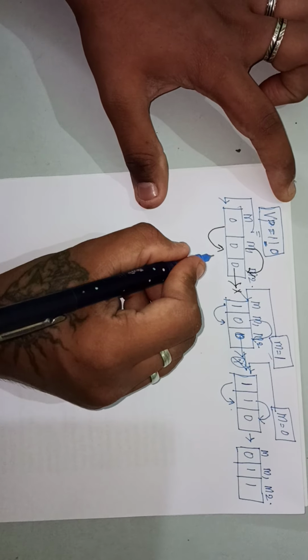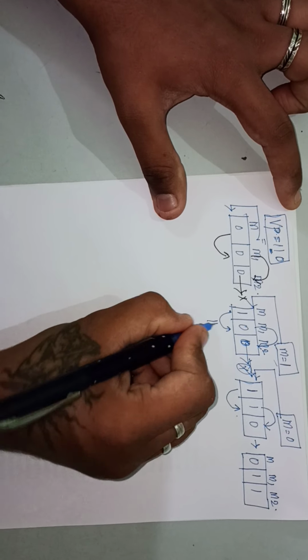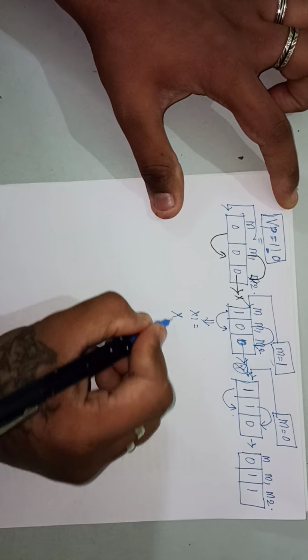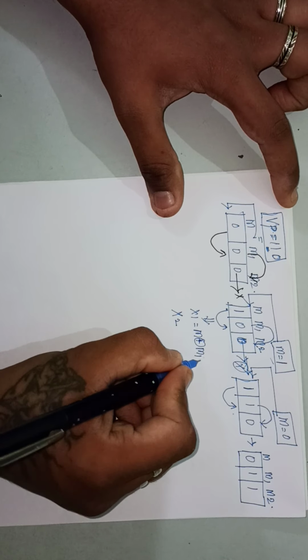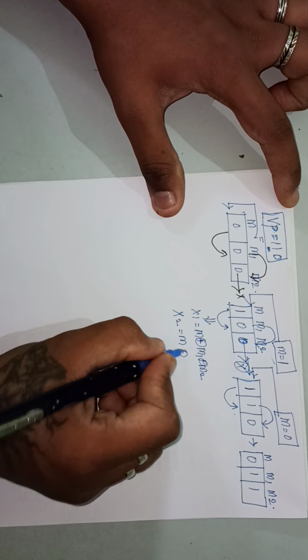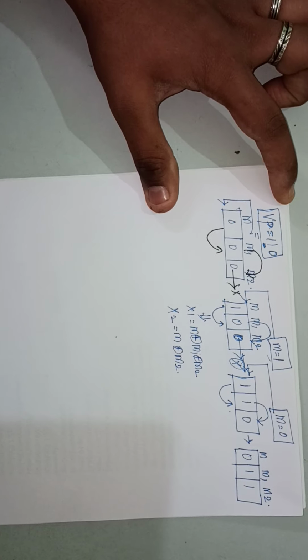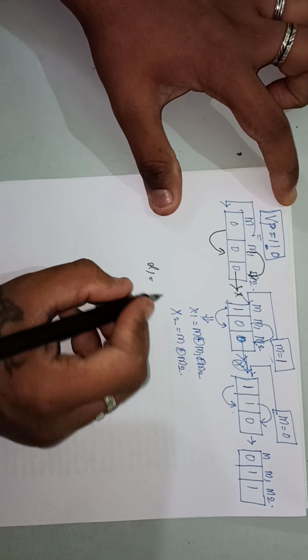At this stage I am going to calculate the values of x1 and x2. We know that x1 equals m xor m1 xor m2, and x2 is nothing but m xor m2. So let's calculate. What will be the x1 value? What is the m value?